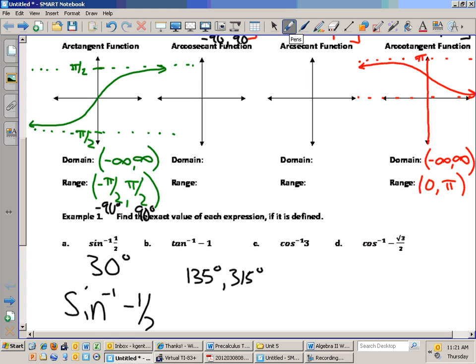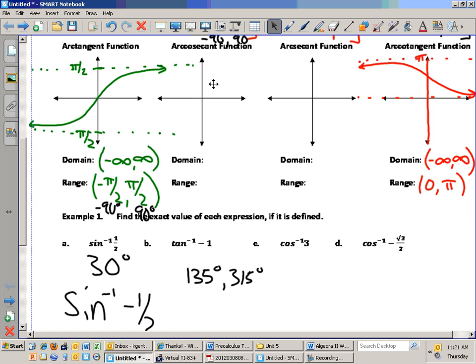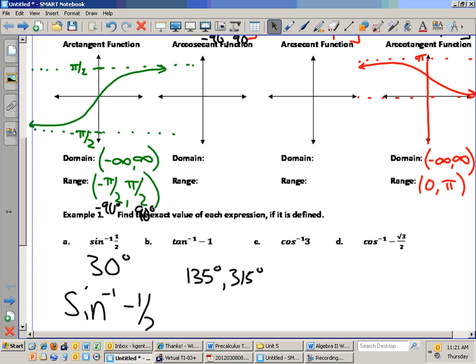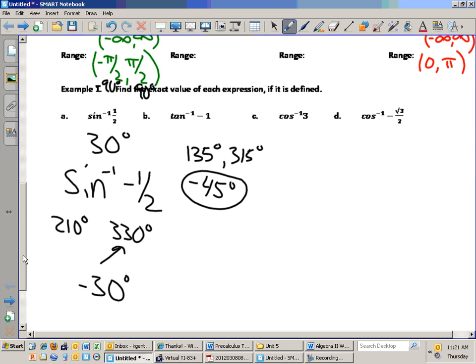So neither one of these fit that spot. If you go to your calculator and you go second tangent inverse of negative 1, you get a negative 45. Which one does that match up with? Yeah. So negative 45 degrees is actually the correct answer, though. I mean, that's what we want. Yes, it is in the same position as 315, but negative 45 is the correct answer.